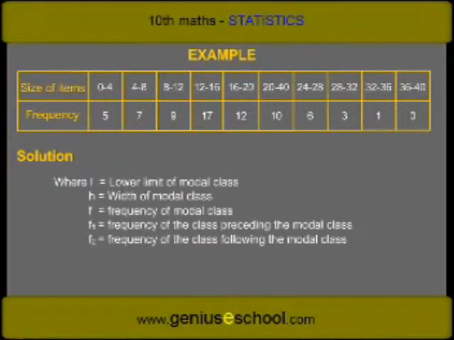The solution is where L is equal to lower limit of modal class, H is equal to width of modal class, F is equal to frequency of modal class, F1 is equal to frequency of the class preceding the modal class, F2 is equal to frequency of the class following the modal class.